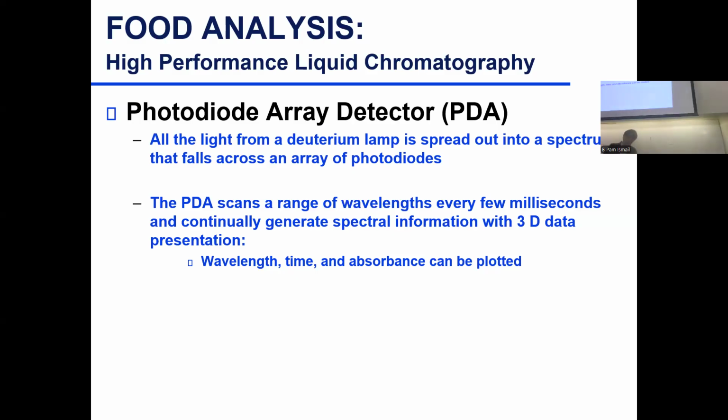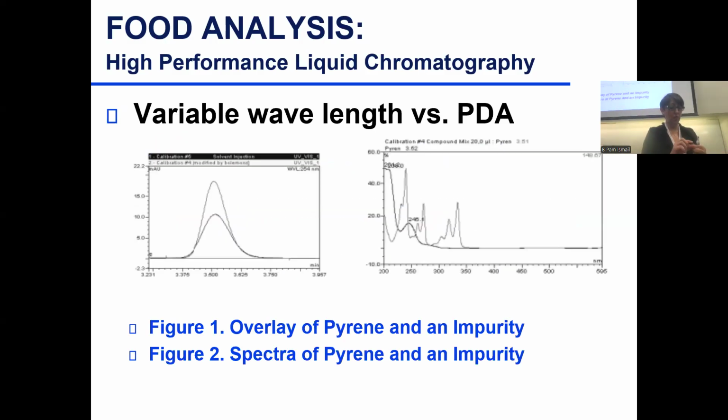It's a very, very cool instrument to have. This is what differentiates, exactly as I said here. If you have two compounds, say pyrene and an impurity, using just a one-dimensional UV, looking at time versus absorption, you will see just one peak, but within it there's another compound that you don't visually see.